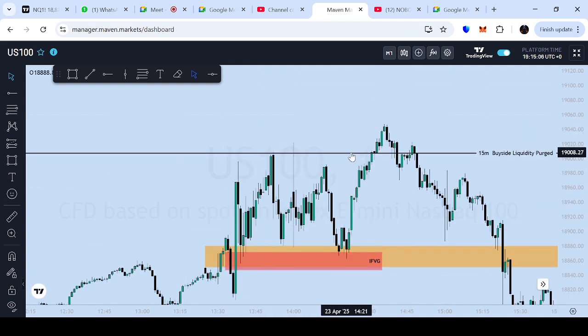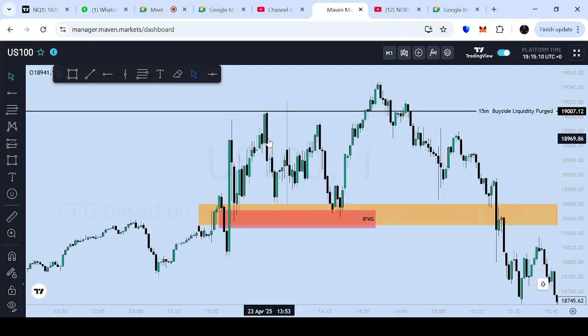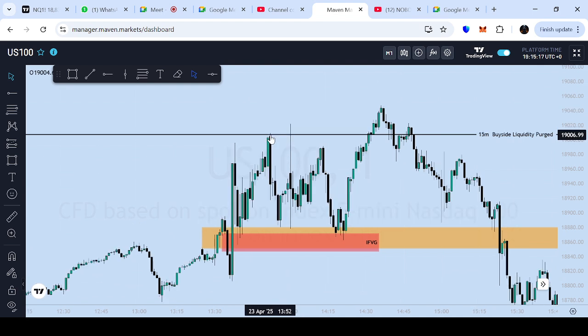This is the 15 minutes buy side liquidity, and that's where price went and delivered. This is the first touch at the 15 minutes buy side liquidity. Then it traded back to the high of the 15 minutes first price fair value gap, then went up.